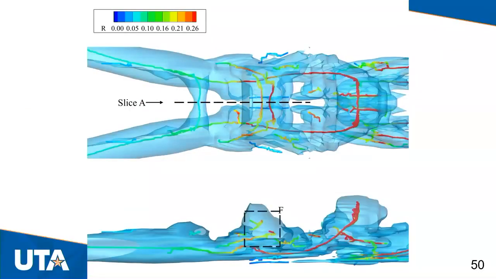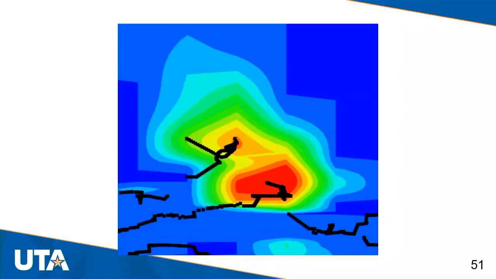Another observation is that in one vortex there are two vortex cores, two vortex centers. If you look at the isosurface, you may just say, oh, it's one vortex ring. But if you use the core line, you find there are two vortex centers. We look at the slice at the region F, and yes, it's correct. We have two vortex centers.